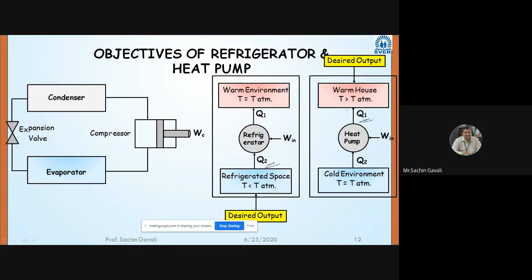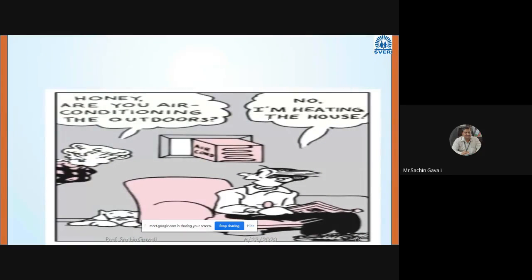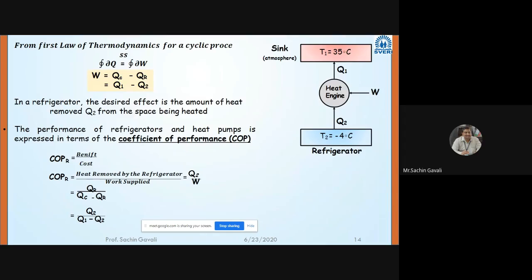So our air conditioning can serve the purpose of a refrigerator, and also heating with the help of a heat pump. To define the performance of a heat pump or refrigerator, we use a term called COP, coefficient of performance.